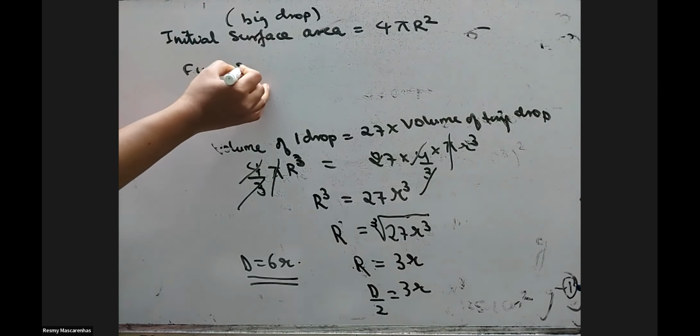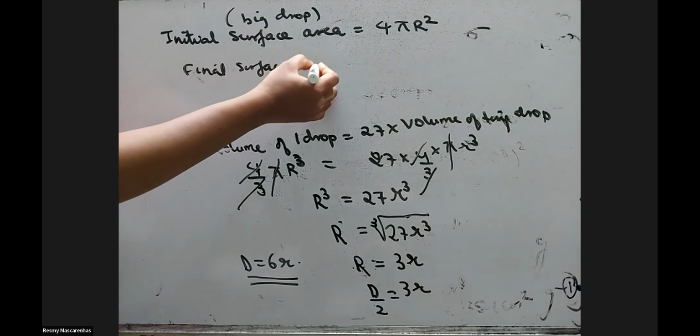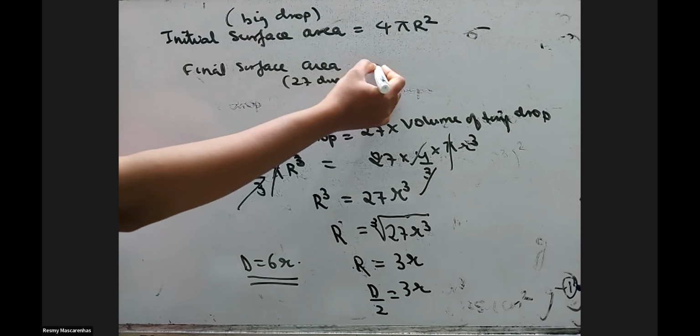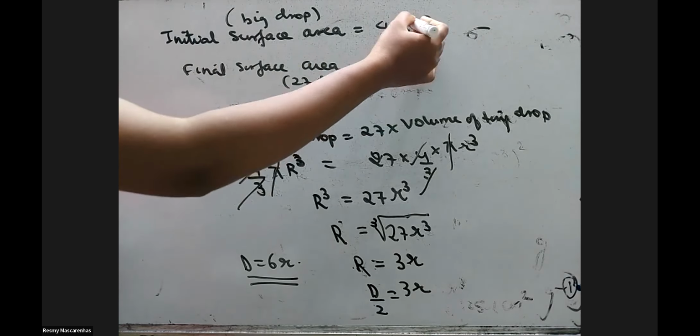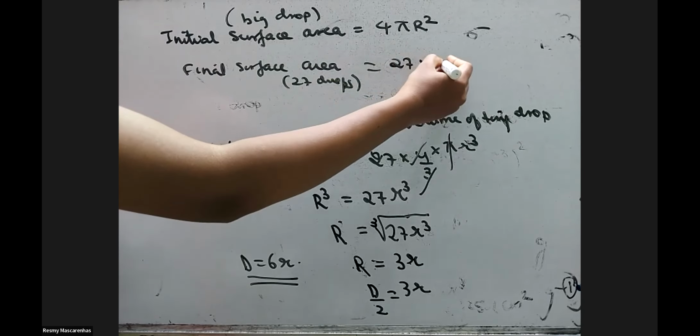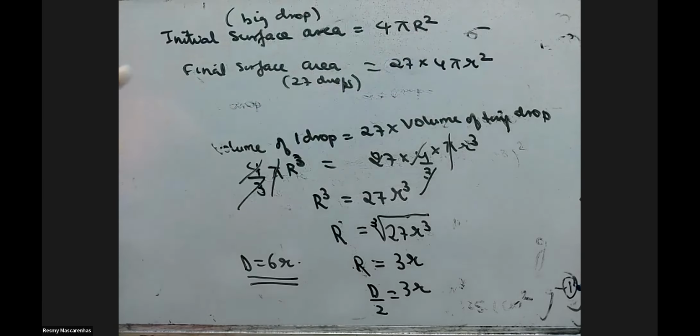The final surface area will be that of 27 drops, using the same surface area formula, so 27 into 4 pi r square.